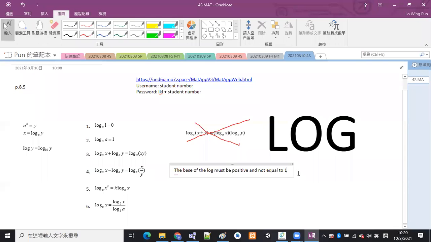Okay, the base number. And then the number inside the log must be positive. Okay, it can be 1 because log 1 is just equal to 0. Is that okay? Log 1 is just equal to 0.